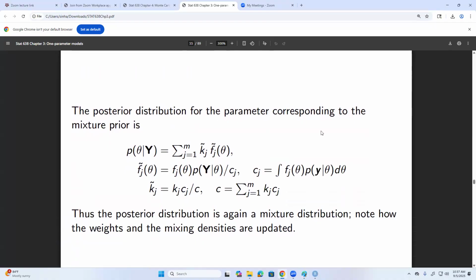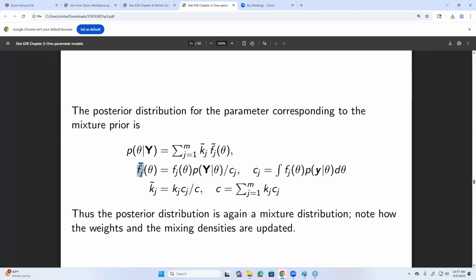Next, the posterior distribution of the parameter corresponding to the mixture prior is the following: P theta given data, where data is denoted by y in this lecture note, will again be a weighted mixture of multiple density functions. How do you obtain each density function?